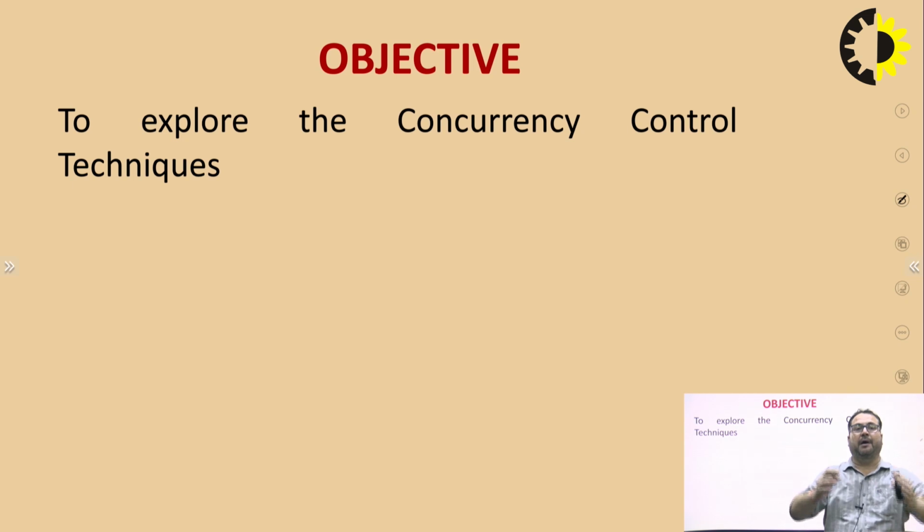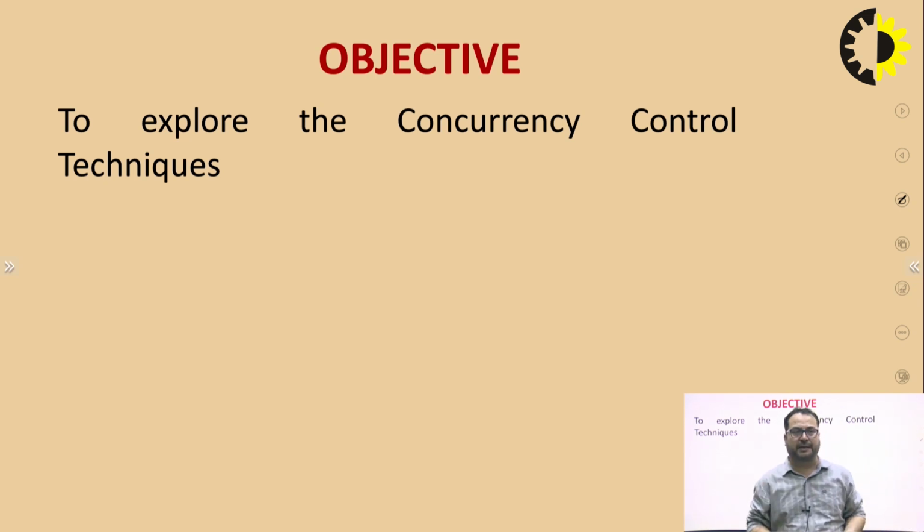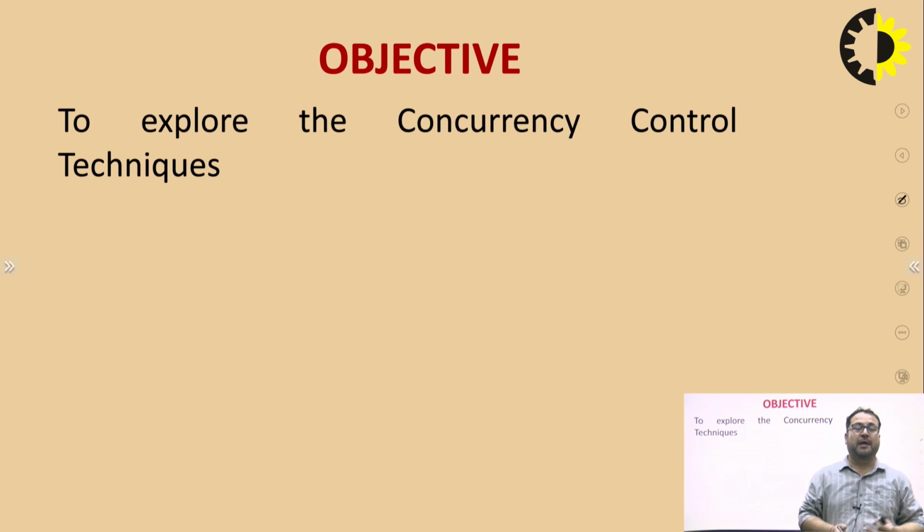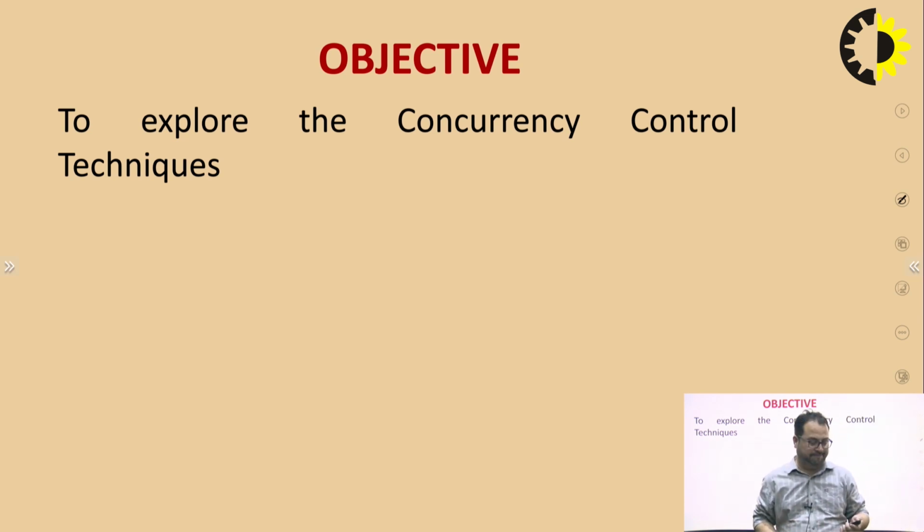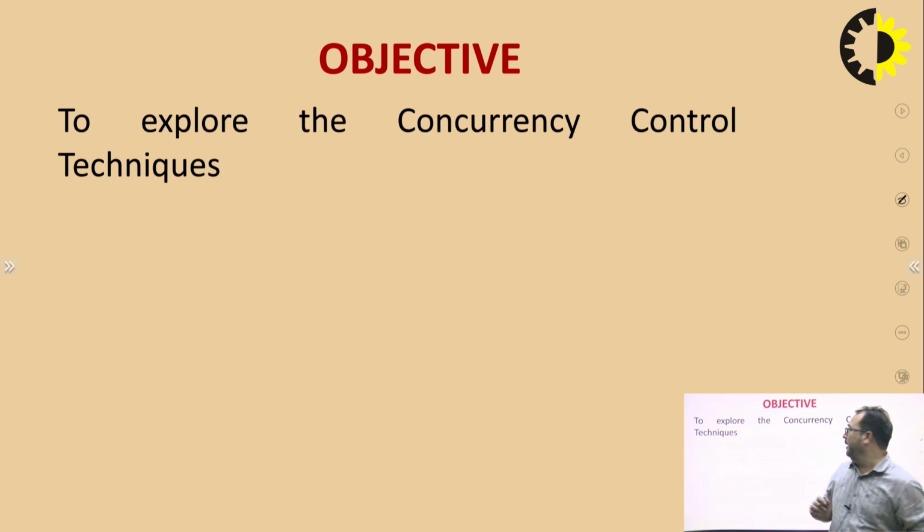Linear execution is sometimes called sequential execution, sometimes serial execution. So there are three types of execution: one is serial or sequential, second is concurrent, and third is parallel. Serial means, say we have three transactions, T1, T2 and T3.